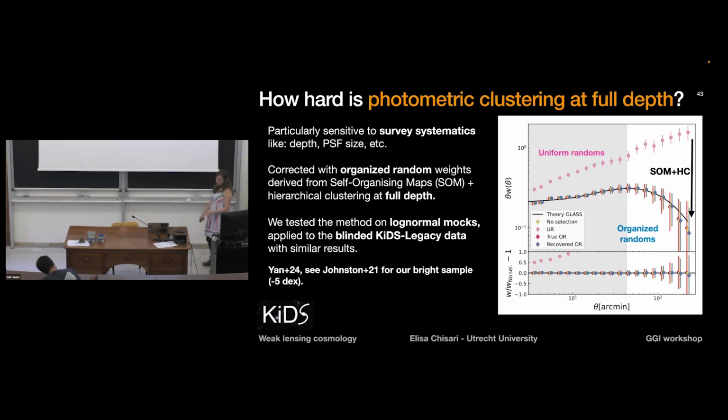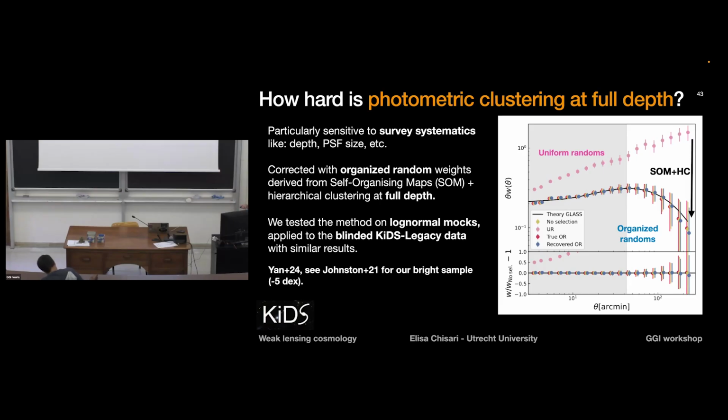Okay, for many years we haven't been able to do this because doing photometric clustering at full depth is very hard. It's plagued by survey systematics like depth variations and PSF size variations across your survey. But we finally managed to get this to work. So we're using an organized random technique from machine learning using self-organizing maps and hierarchical clustering in order to use the information that we have about systematics in our survey to correct the clustering.